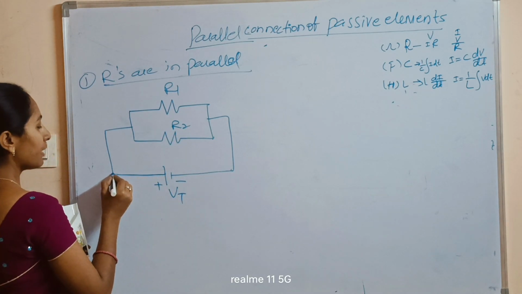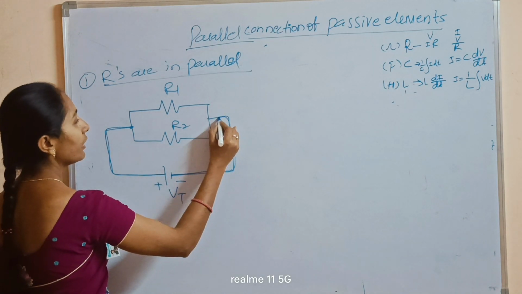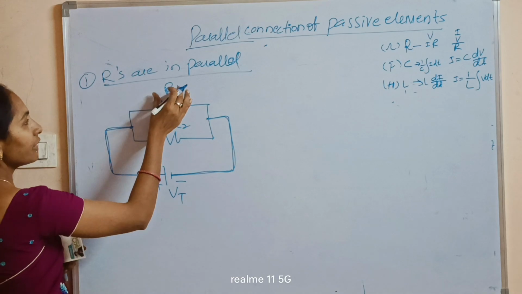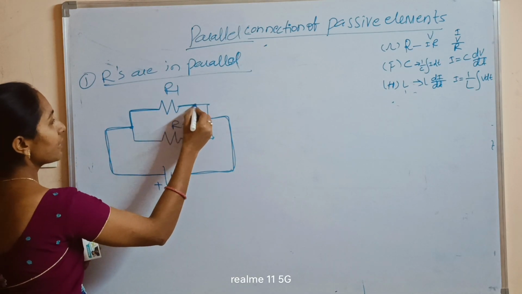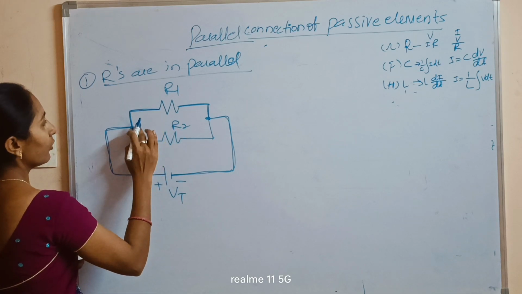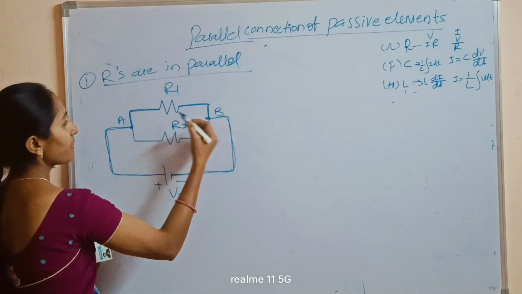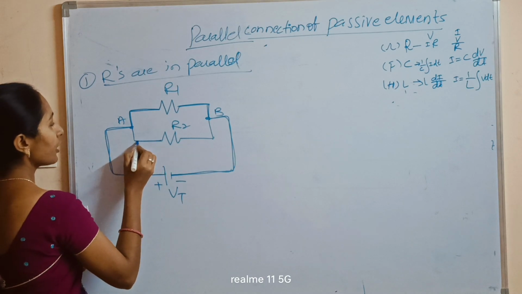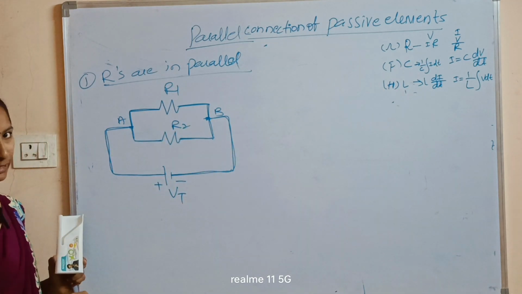This terminal is connected here and this terminal is connected here. R1 has two terminals: the first terminal is positive, the second terminal is also connected at this point. Call one point A and the other B. Now R2's first terminal is connected to point A and R2's second terminal is connected to point B.